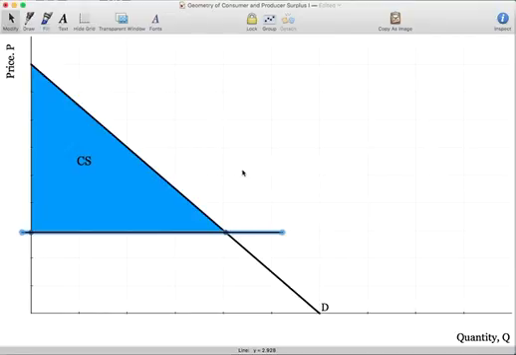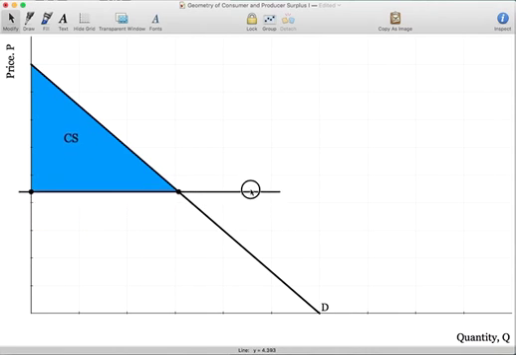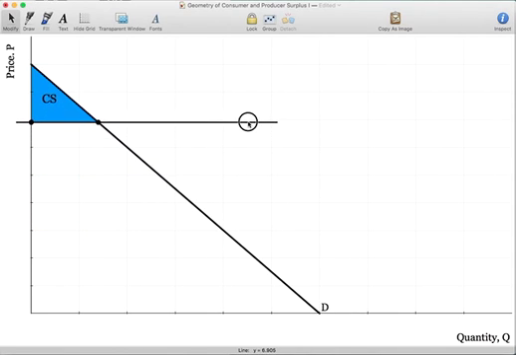You are better off with lower prices. As the price falls, there's a larger difference between the price people actually pay and what they are willing to pay, and what they are willing to pay is illustrated by the demand curve. So realize that as prices fall, consumer surplus increases. And conversely, as prices start to increase, consumer surplus starts to shrink.